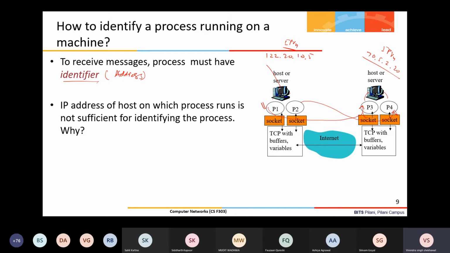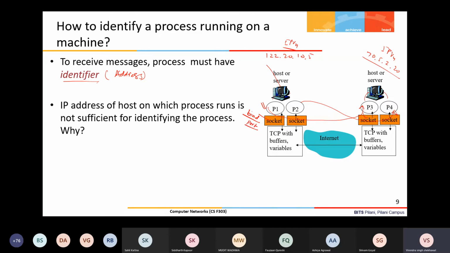So the process P1 binds to a socket, although we'll do these things after 2-3 classes, when we write a simple application, and we'll do that in the lab as well. This process P1 binds with a port number.